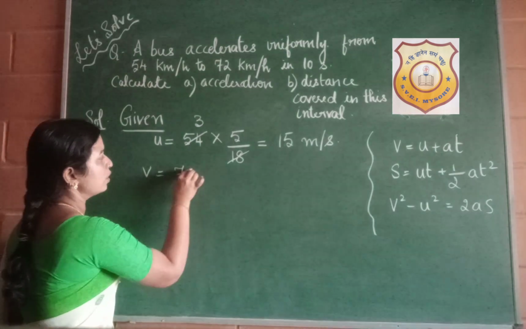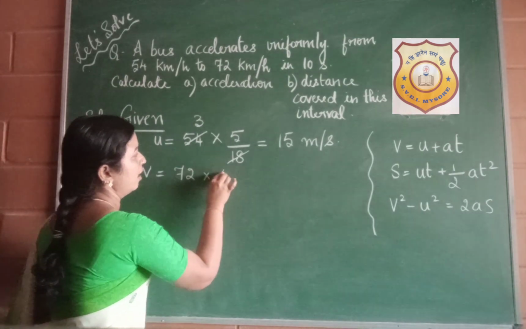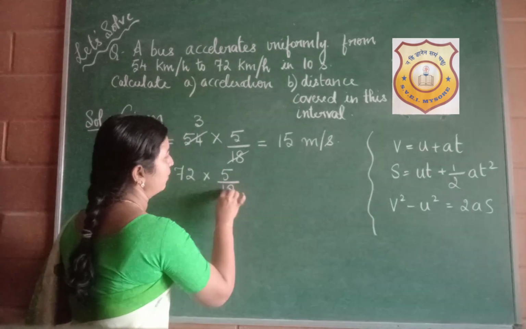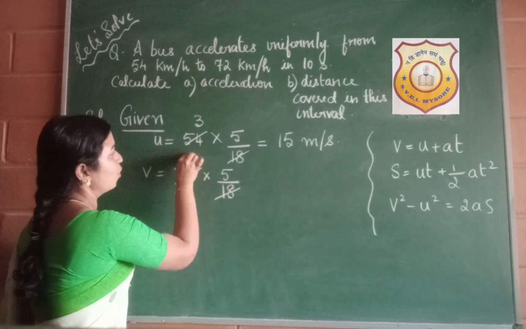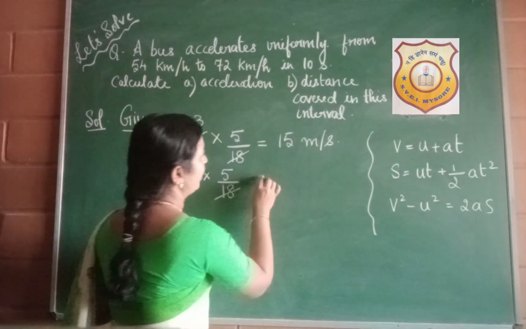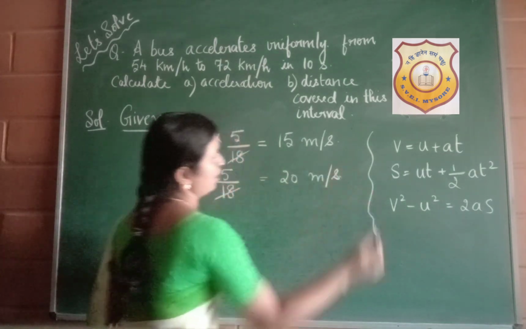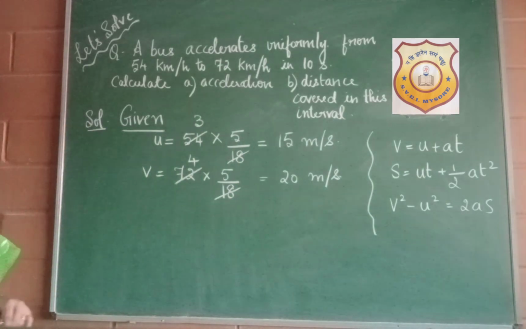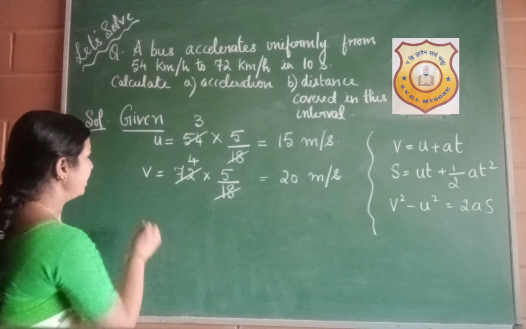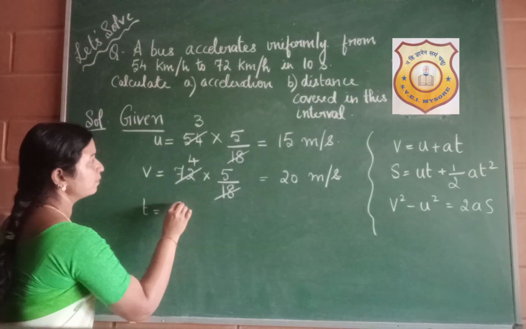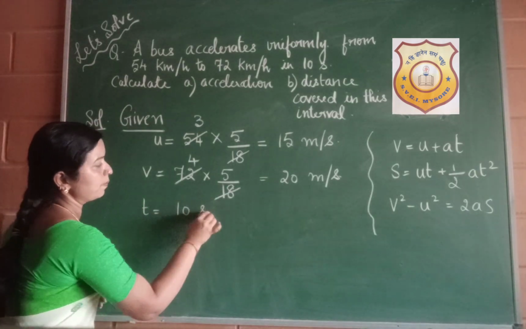So again we are going to convert it into meter per second. We are multiplying by 5 by 18. We know 18 4s are 72. 4 into 5 will be 20 meter per second. So we got the initial velocity and the final velocity, and time is given as 10 seconds.